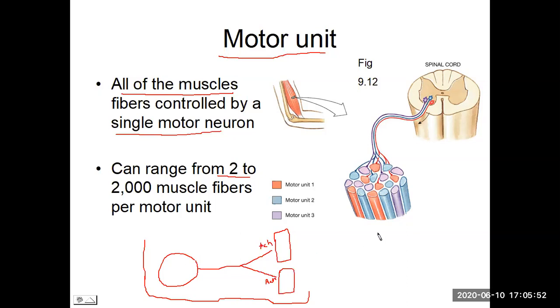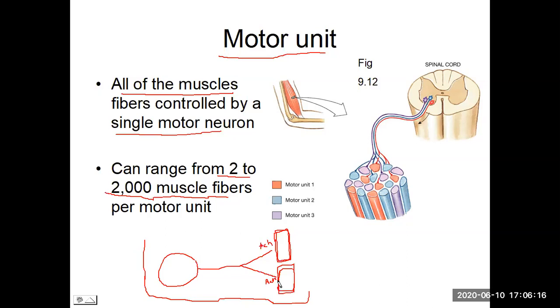Whereas the largest possible size motor unit would be 1 motor neuron that's controlling up to 2,000 skeletal muscle fibers simultaneously. The benefit here being a very small motor unit, only controlling a few cells, could lead to very, very fine, precise motor functions.